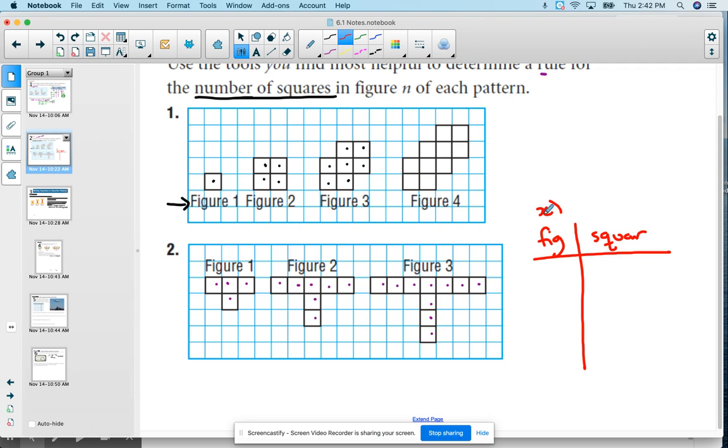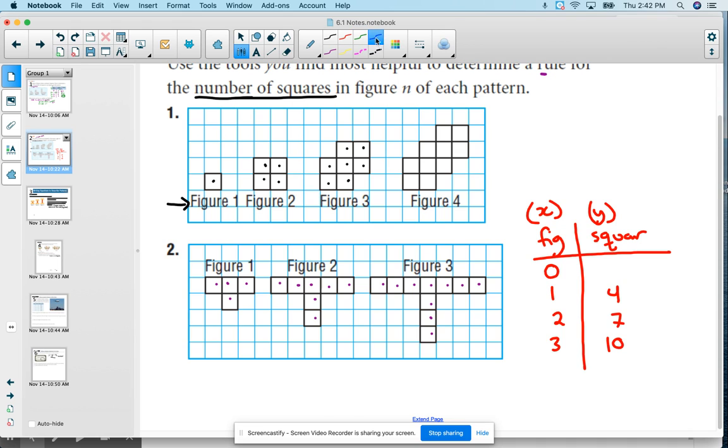Like I said, make this x, make this guy y. So in figure 1, I have 1, 2, 3, 4. Figure 2, I have 1, 2, 3, 4, 5, 6, 7. In figure 3, I have 1, 2, 3, 4, 5, 6, 7, 8, 9, 10. And then knowing to find my constant, I have to go back to figure 0. So we'll deal with that when we get there.